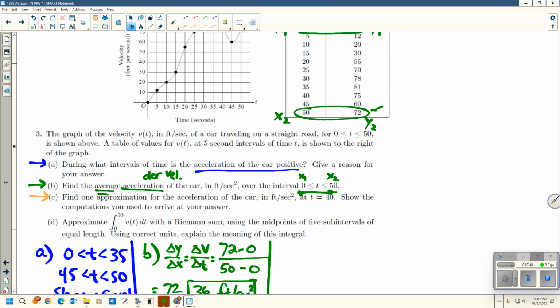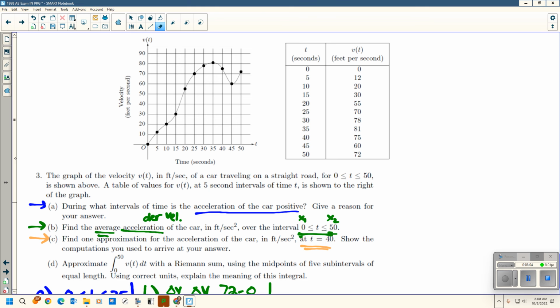Orange. C, find one approximation for the acceleration of the car in feet per second squared right at time equals 40. Show the computation that you used to arrive at your answer. So let's do this. I'm going to use this table again.